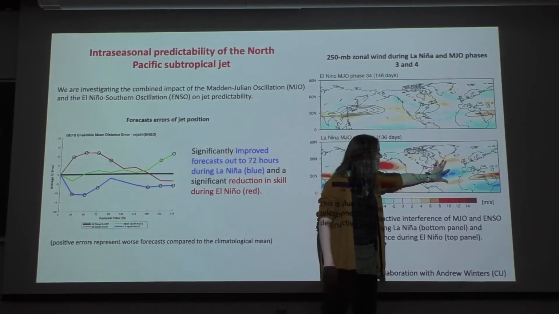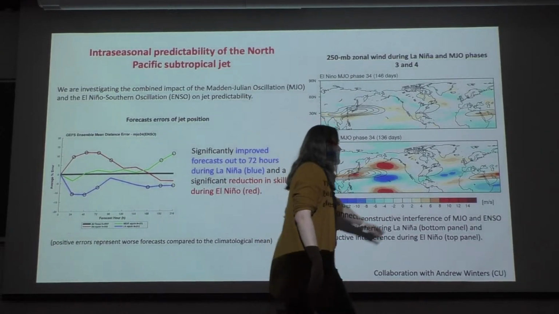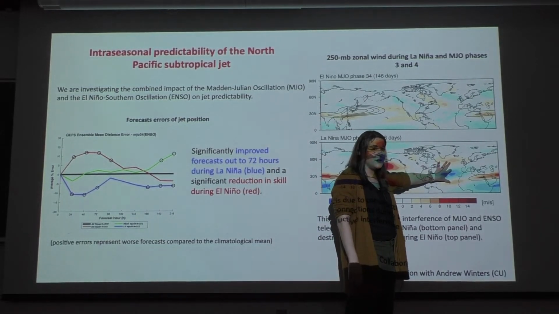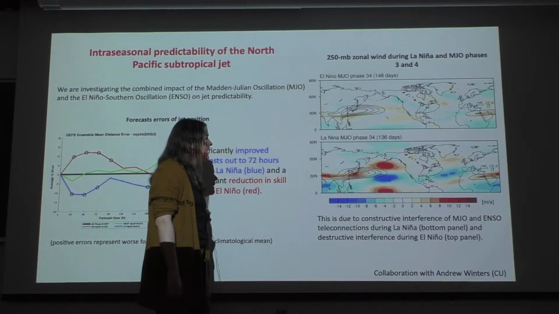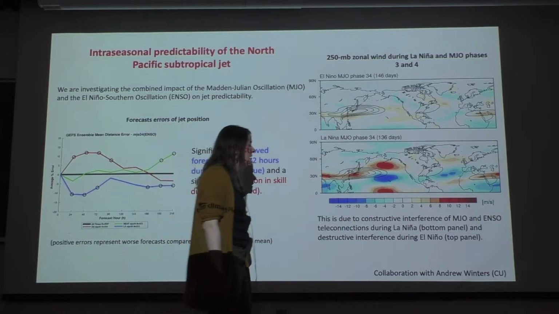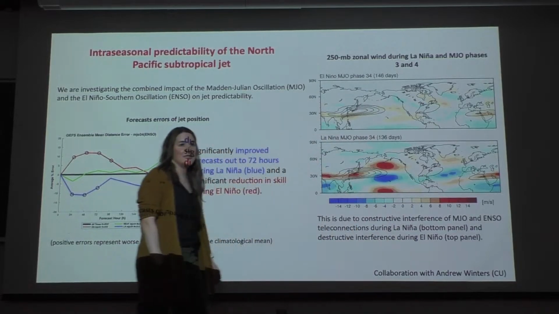But this is also saying that their combined impact is resulting in these anomalies over the Atlantic. What their impact is, I don't know. That's an interesting question, and I have no idea how that might change, for example, predictability in this region or anything else, because we're not quite looking at that.